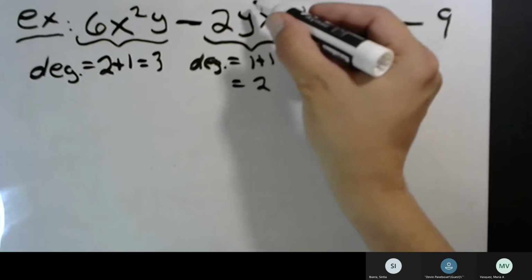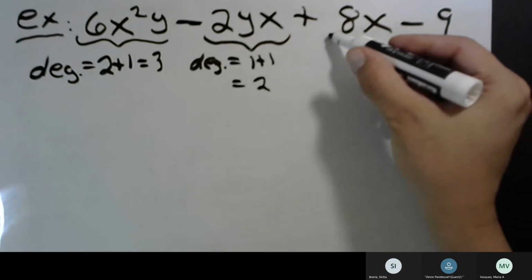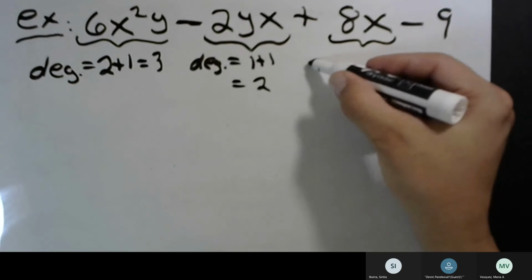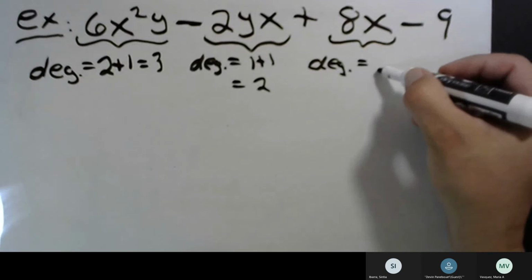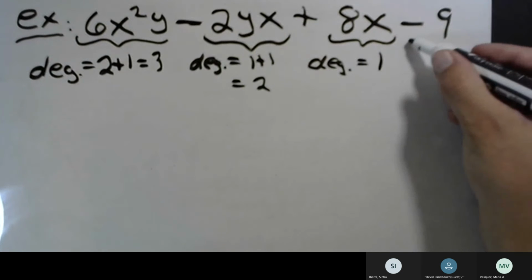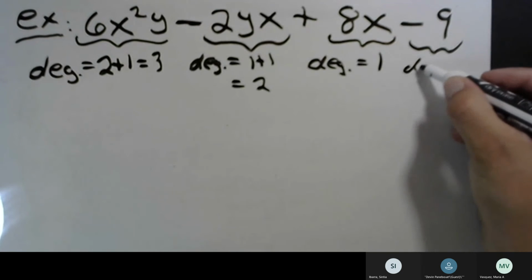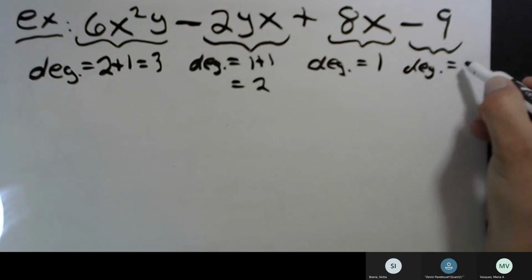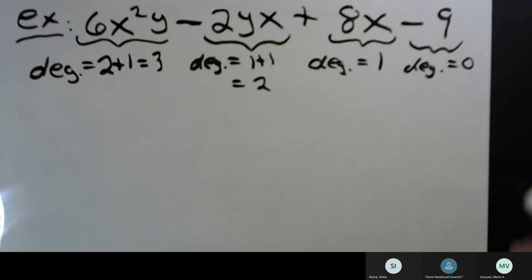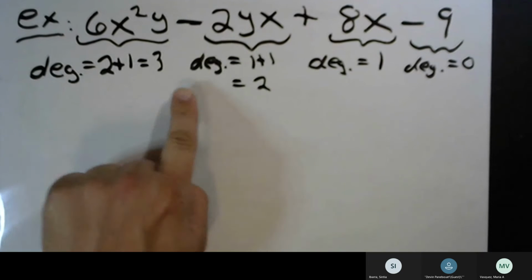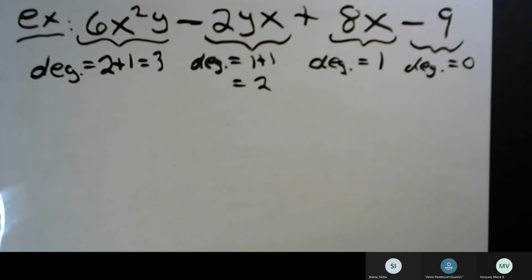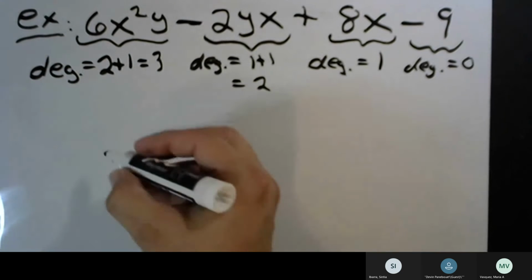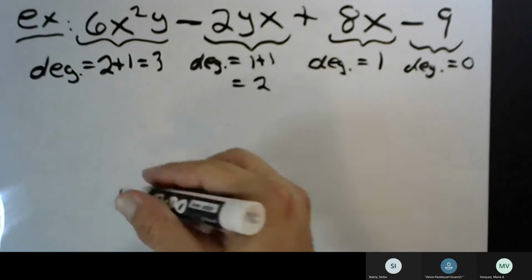And again, there's invisible ones on the y and the x. Here the degree, well, it's just the invisible 1 on the x, so that's going to be 1. And here the degree, since this is a constant with no variables attached, it's going to be 0. So we have 3, 2, 1, and 0 for the degrees of our monomials in the polynomial. So the largest degree is 3.